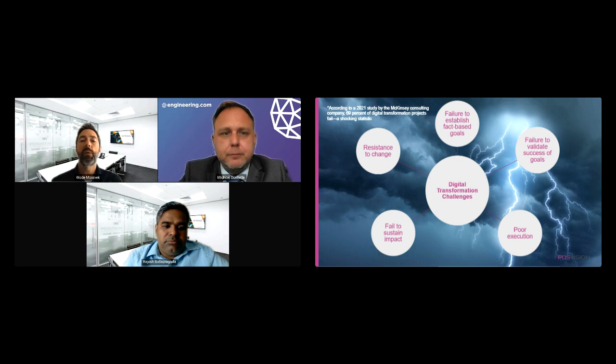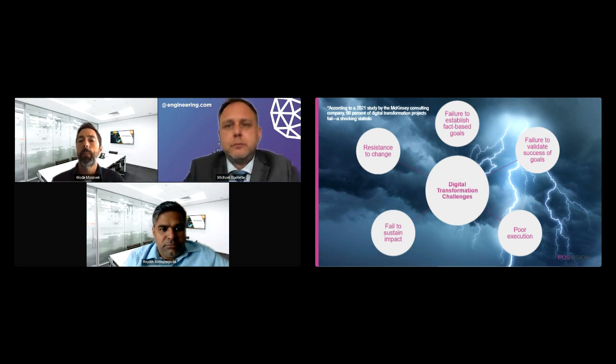We can look at what's sort of common between them. And so if we look at some of the challenges that lead to failed projects, one of the key things, sort of going around the circle here clockwise, is the failure to establish concrete goals. It's great to move forward with a digital transformation effort because you realize it's necessary.